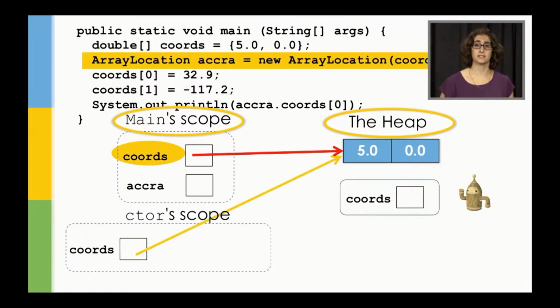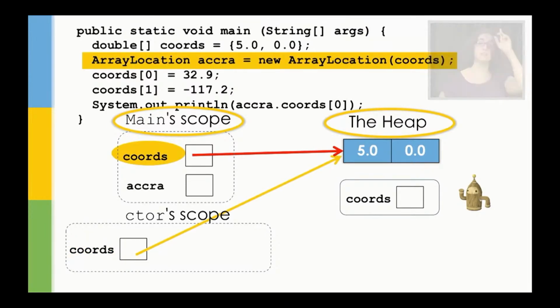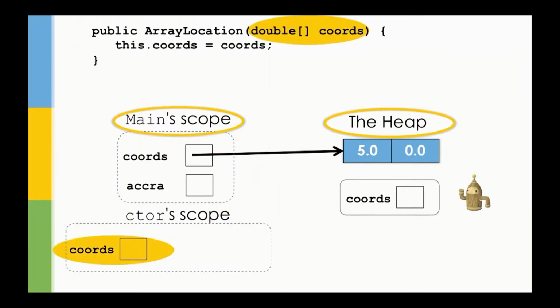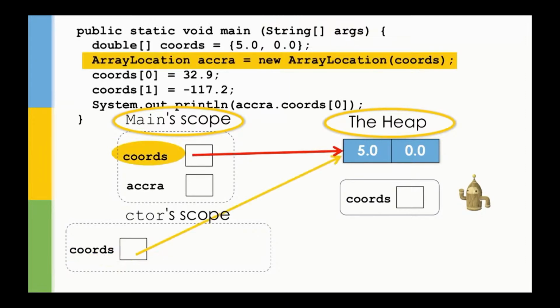Before we see what's in the meat of the constructor, we have to see what the value of that parameter is. So let's think about what's passed into the ArrayLocation constructor when we were in the main method. What we passed in is coords. Too many coords!